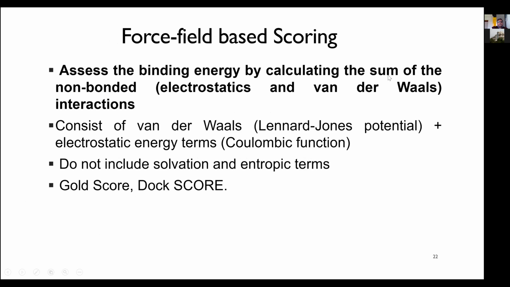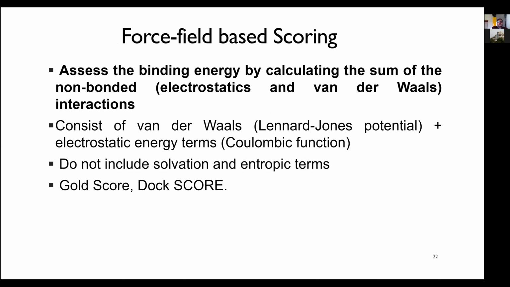Now let us see each individual scoring function. Like I told you, the force field based scoring function assesses the binding energy by calculating the non-bonded interactions between the ligand and the protein or target. These non-bonded interactions can be of two types.